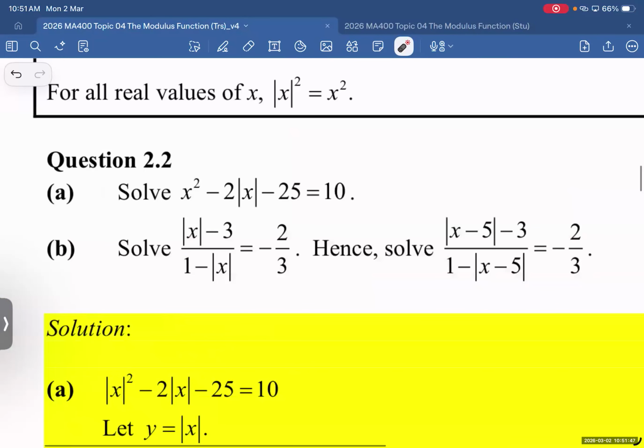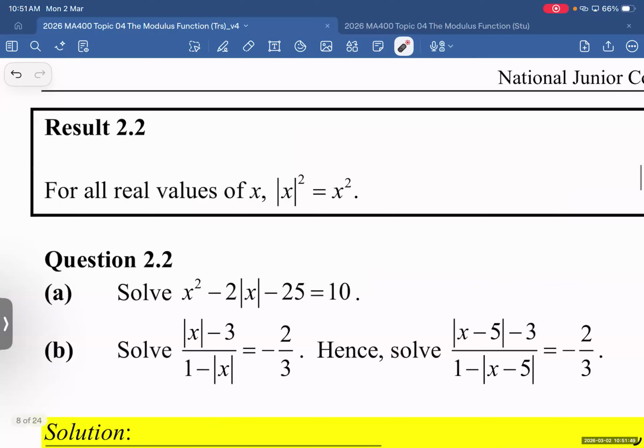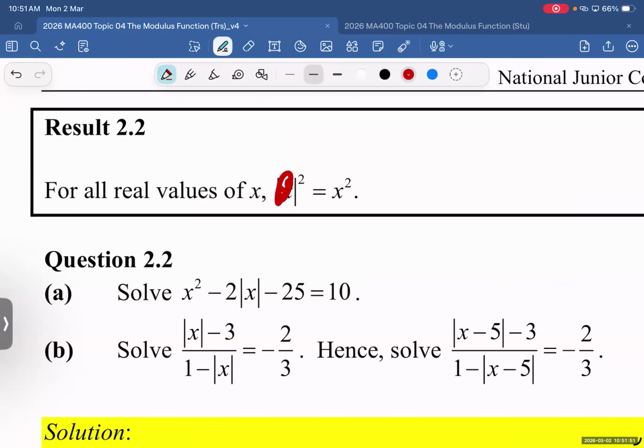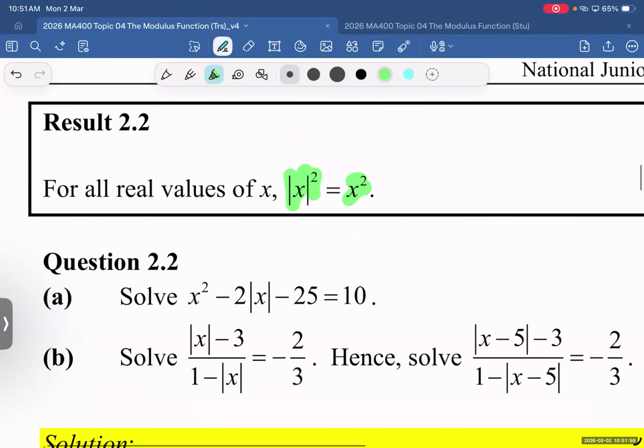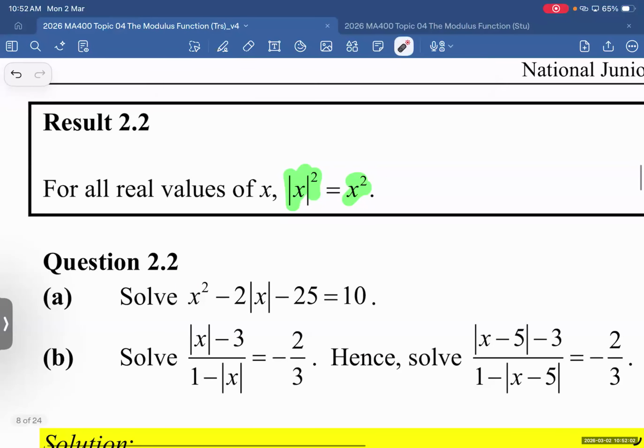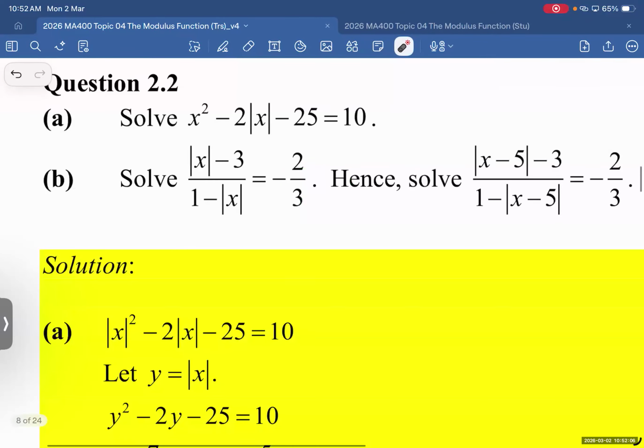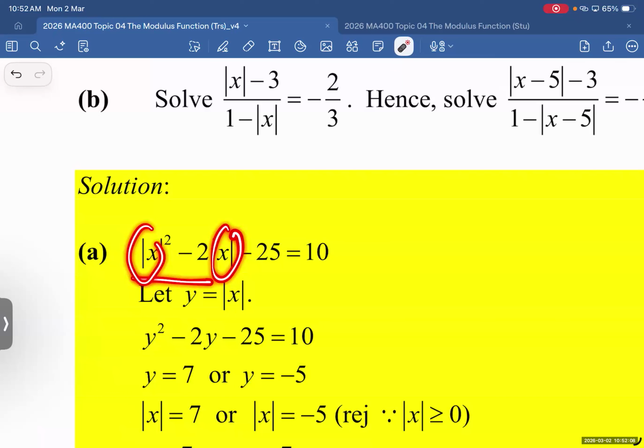Now if you look at the 2.2 result, they are telling you that mod x squared is the same as x squared, which makes sense because they are both positive. So all I need to do is substitute x squared with mod x squared, and straight away I get a very nice equation where I have mod x as the same variable.